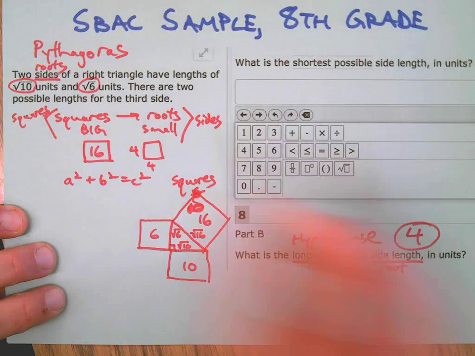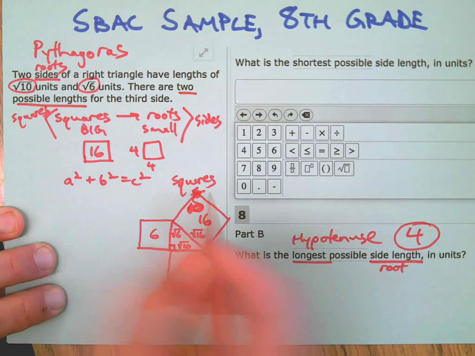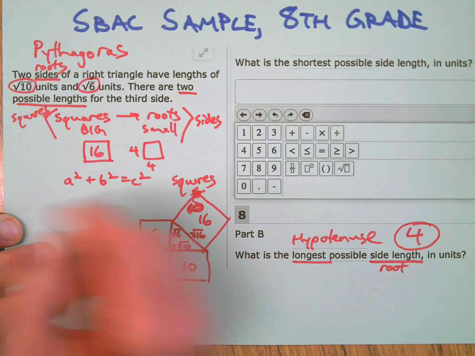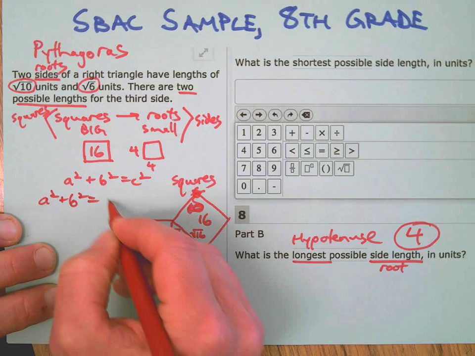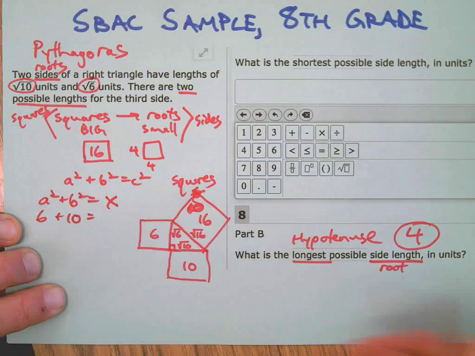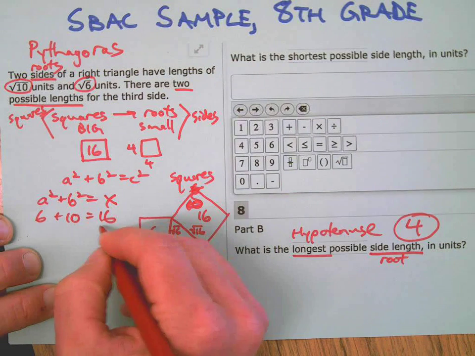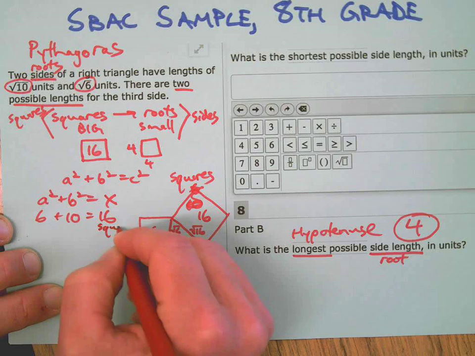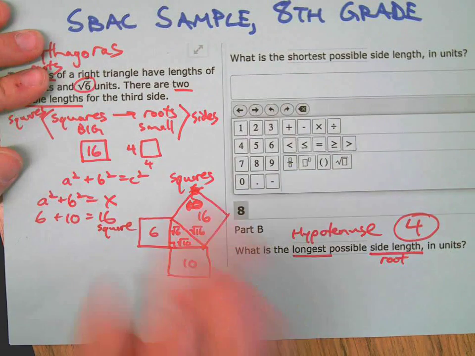Now, because there's two possible side lengths. Well, yeah, those two possible lengths are simply this. We could have a squared plus b squared equals our missing length. And then we found the root, right? This is the square, remember. This is the square. The answer is asking for the side length, which is the root.